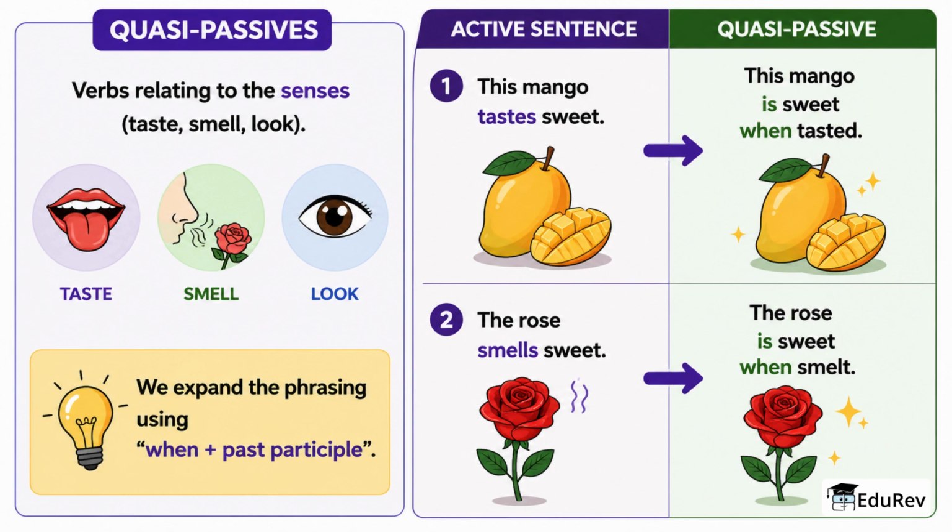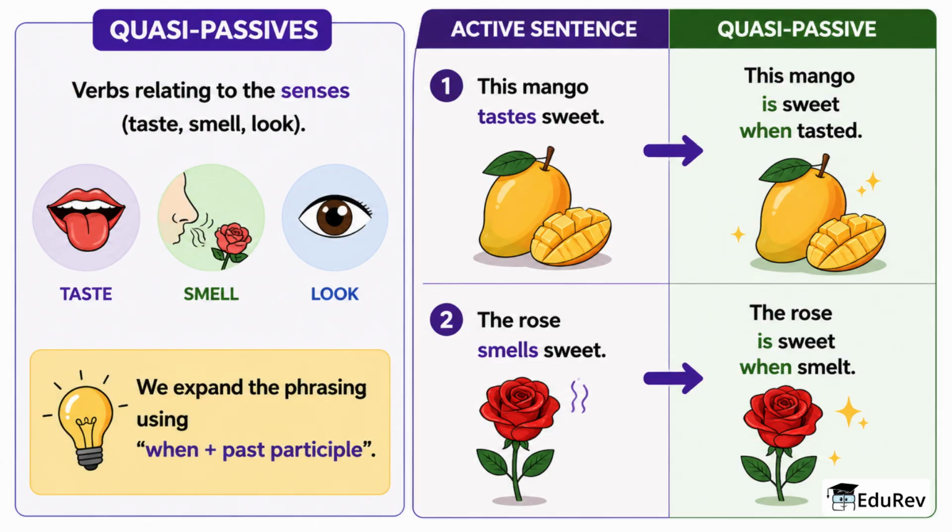The last tricky category I want to introduce you to is quasi-passives. These are verbs relating to senses like taste, smell, or look. I handle these by slightly expanding the phrasing. If I see, this mango tastes sweet, I transform it by saying, this mango is sweet when tasted.